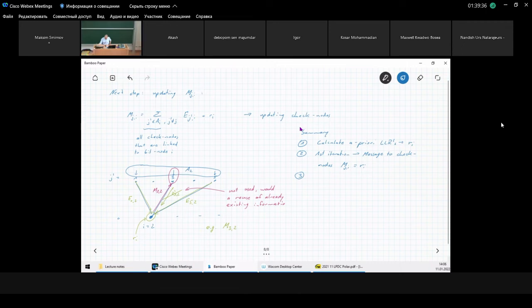Then we use the relationship at the check nodes to calculate this extrinsic information. Calculate messages to the bit nodes, so EJI.